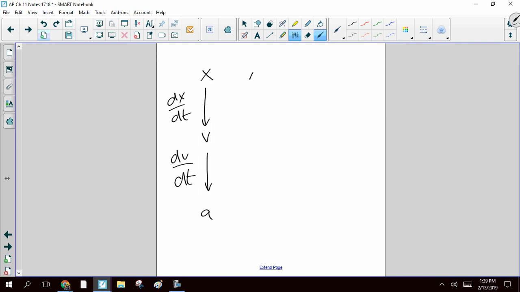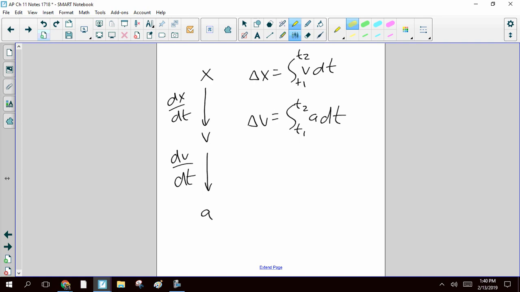You can do change in position as a definite integral of velocity with respect to time. Change in velocity is a definite integral of acceleration with respect to time. Okay. And certainly you could do indefinite integrals, but I think I've hopefully made myself clear that I really think these definite integrals are the way to go.